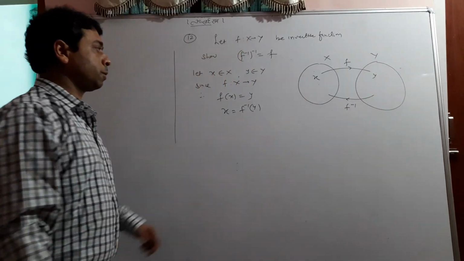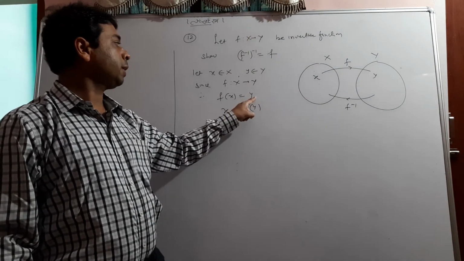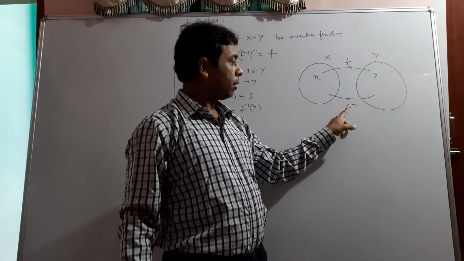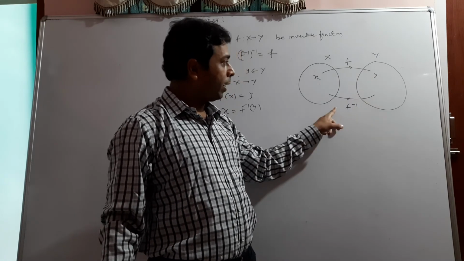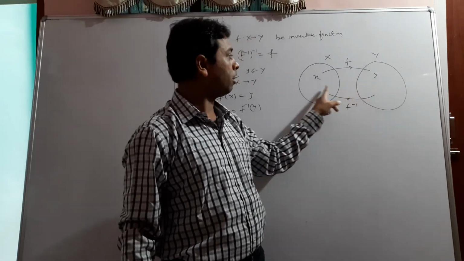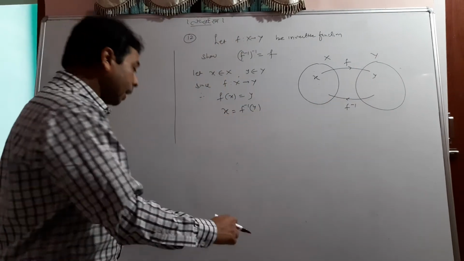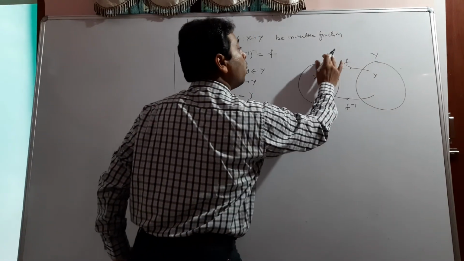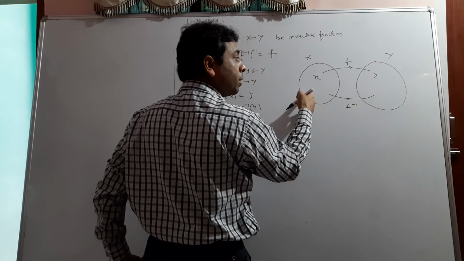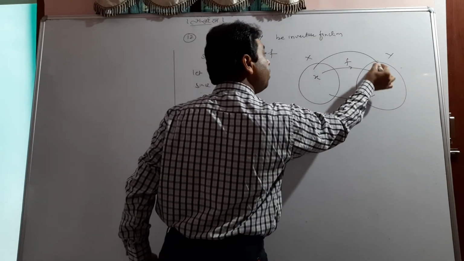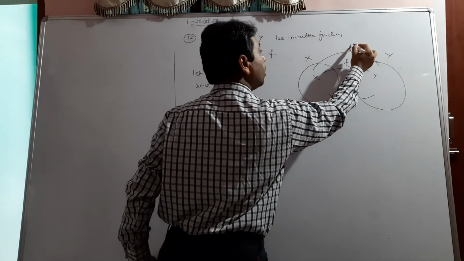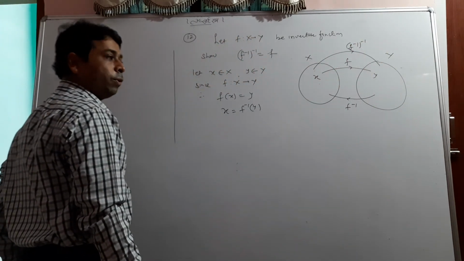I define the function f inverse which operates on y and gives you x. f inverse of y is equal to x. Again I would make one more function. Now this was f, this is f inverse, and this is the inverse of the inverse.